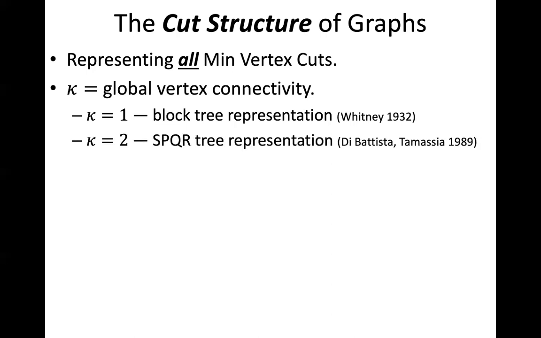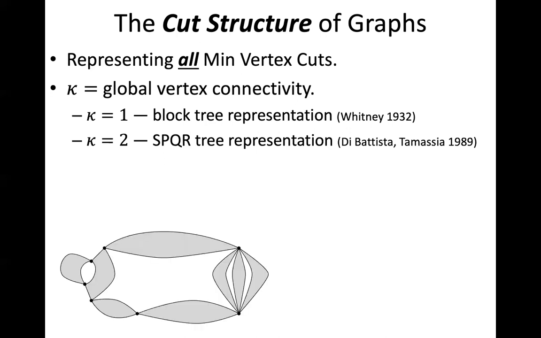Kappa equals 2 gets more interesting. In the 80s, Di Battista and Tamassia constructed the SPQR tree. I'll give an example of this. So these gray blobs correspond to 3-connected components, and the vertices indicated here are those that participate in 2-vertex cuts.